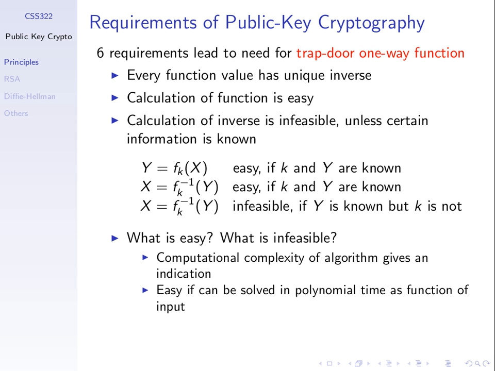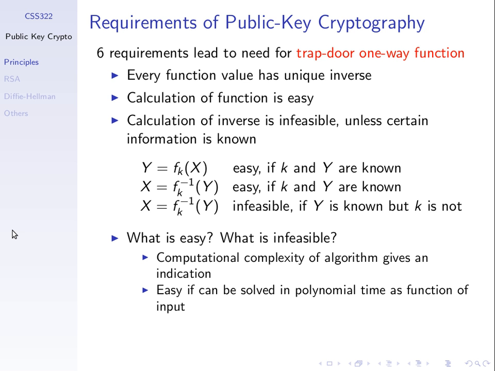So, we need some function f that takes as input k, operates on some input x, and it's easy to find y. So it's easy to calculate the function in one direction if k and x are known. Also, if we know k and y, it should be easy to do the inverse.